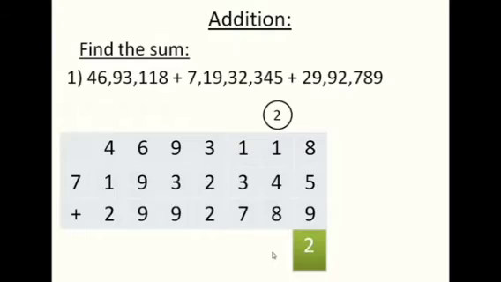So 5 will come here and 1 will be carried over. Now 1 plus 3 equals 4, 4 plus 7, 11, 11 plus 1 gives you 12. So 2 will come here and 1 will go up.